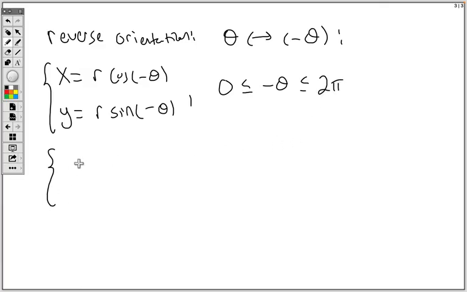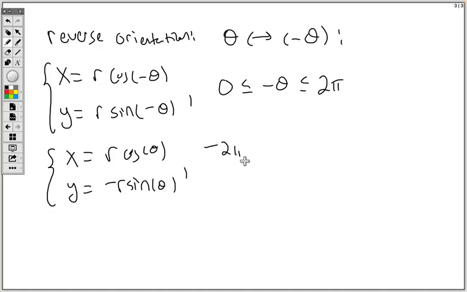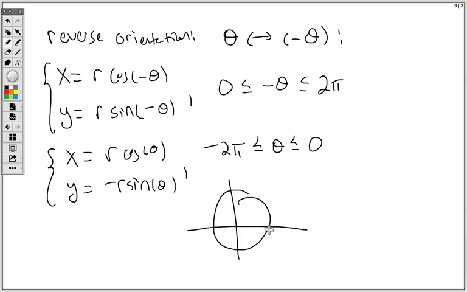And we can simplify that using the even and odd identities. So x would be r cosine theta, y would be minus r sine theta, and negative 2 pi would be less than or equal to theta, less than or equal to 0. All right. So now we've got the right orientation, but I'm starting at negative 2 pi and going to 0.